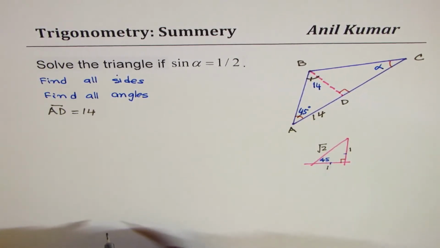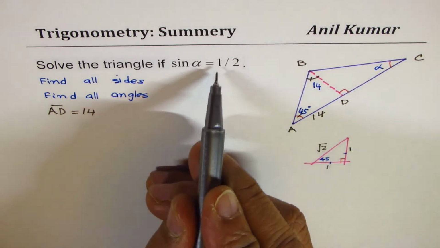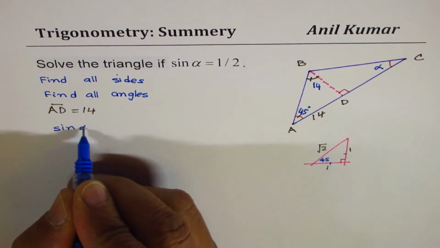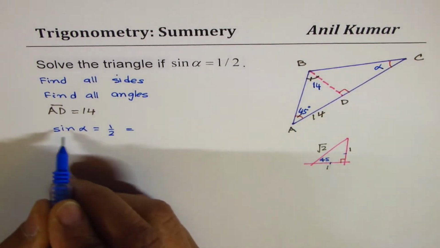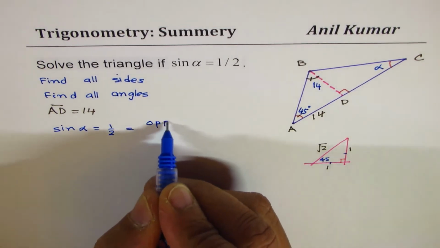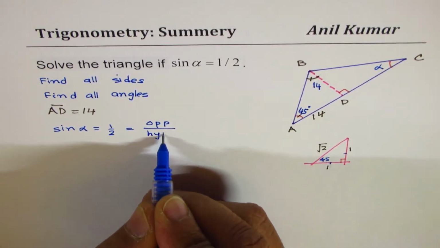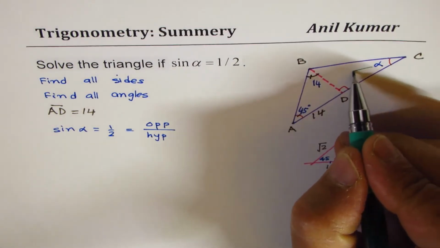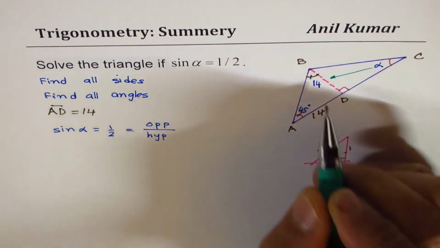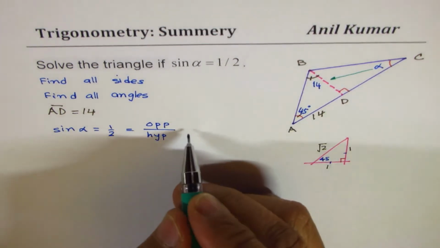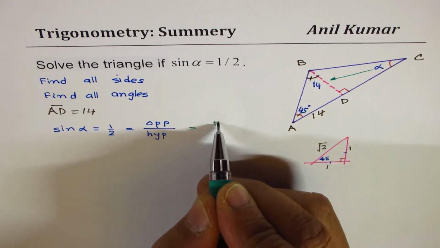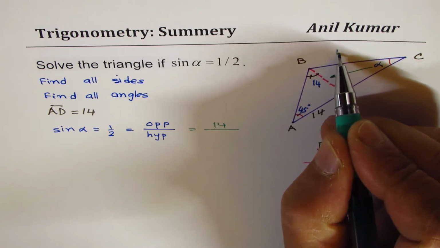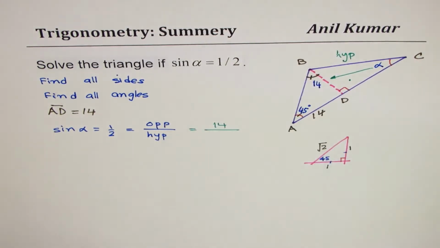right? Now, we are given sine alpha as half. What does that mean? Sine alpha equals half. Now, sine is a ratio of opposite side to hypotenuse. So if you look from alpha, then the opposite side is 14, correct? So what we know here is that opposite side is 14, but hypotenuse is BC. This is the hypotenuse, correct? For this particular triangle.